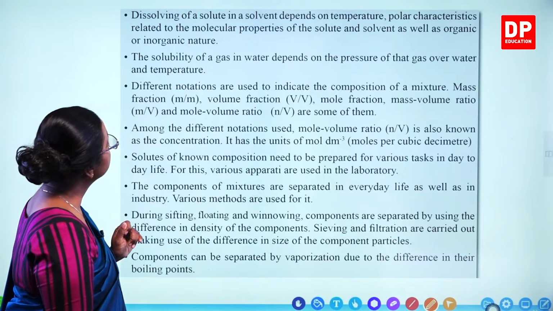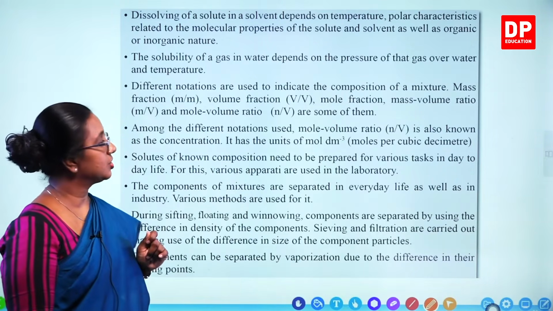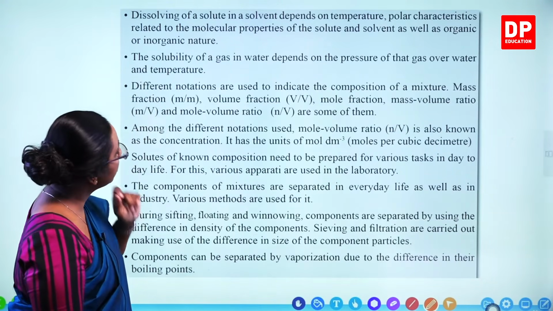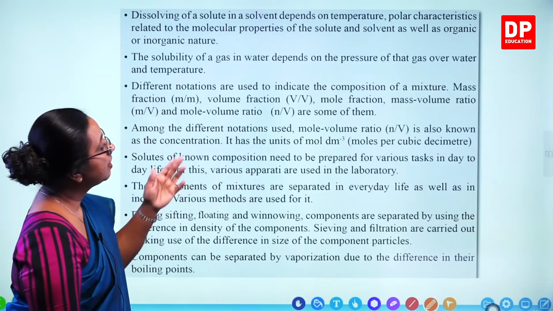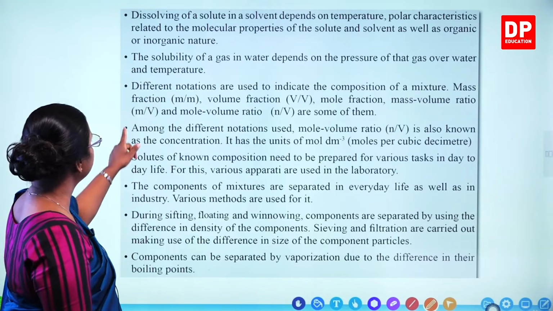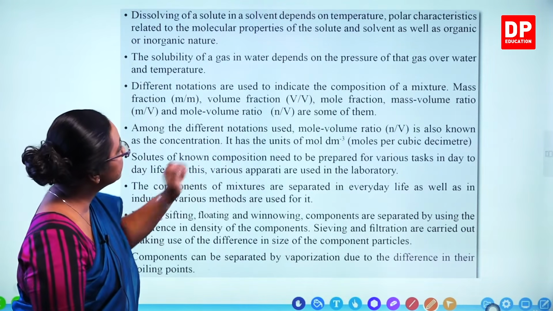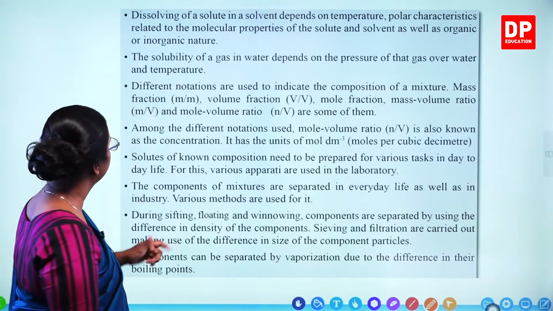Different notations are used to indicate the composition of a mixture. Mass fraction, that is M over M, volume fraction V over V, mole fraction, mass volume ratio, that is M over V, and mole volume ratio, that is N over V, are some of those notations.